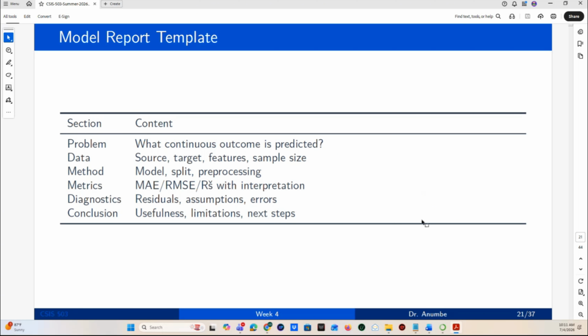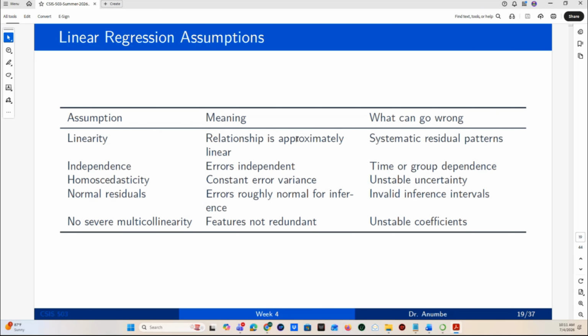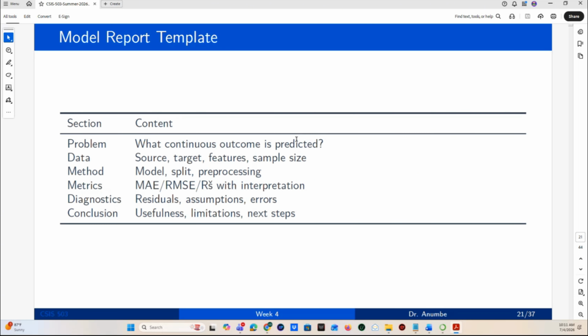In writing your report, the regression report that we just mentioned, you have to be able to state what the problem is. What continuous outcome am I trying to predict?